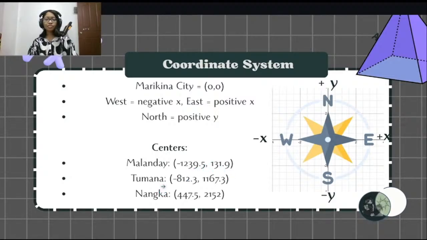Nangka, the center is 447.5 meters east, positive x. So, 447.5 and 2,152 meters north, positive y. So, 2,152.